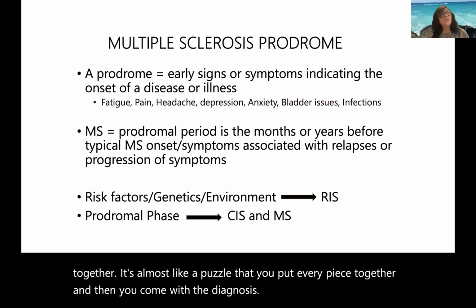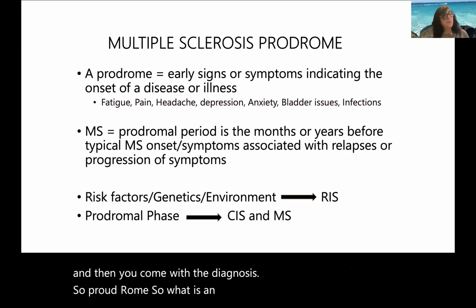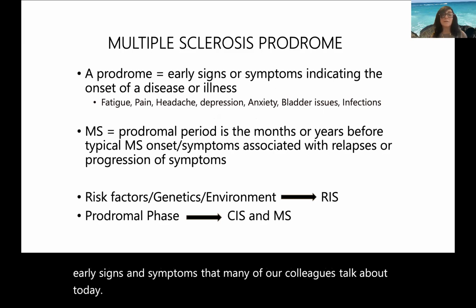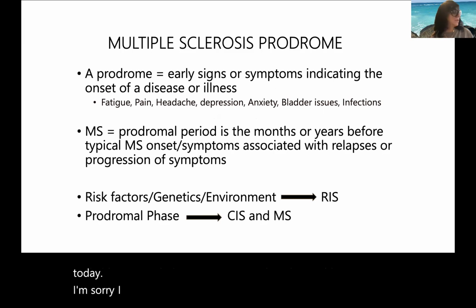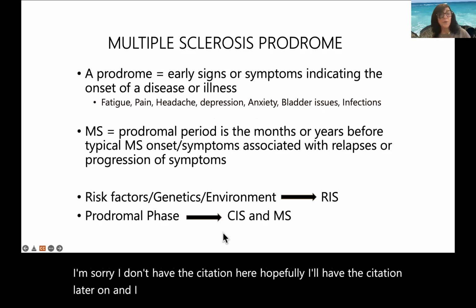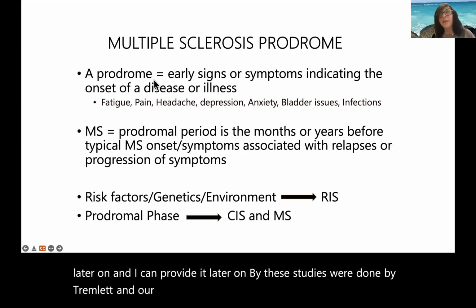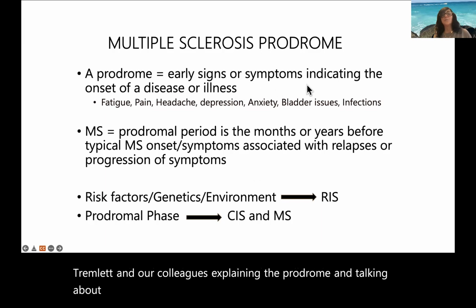So prodrome. What is an MS prodrome? The prodrome is the early signs and symptoms that many of our colleagues talk about today. I'm sorry, I don't have the citation here. Hopefully I'll have the citation later and can provide it; these studies were done by Tremlett and our colleagues, explaining the prodrome and talking about those early signs or symptoms indicating the onset of the disease or illness.